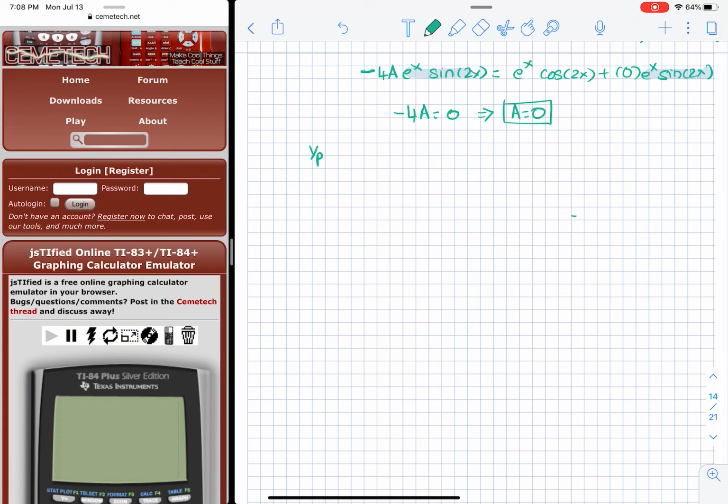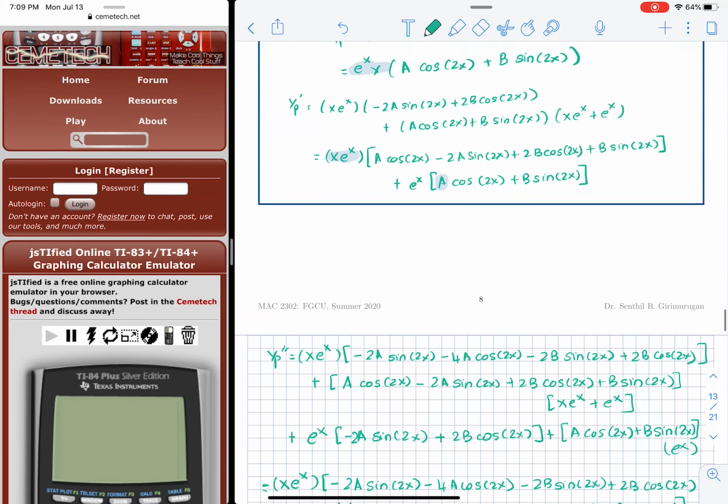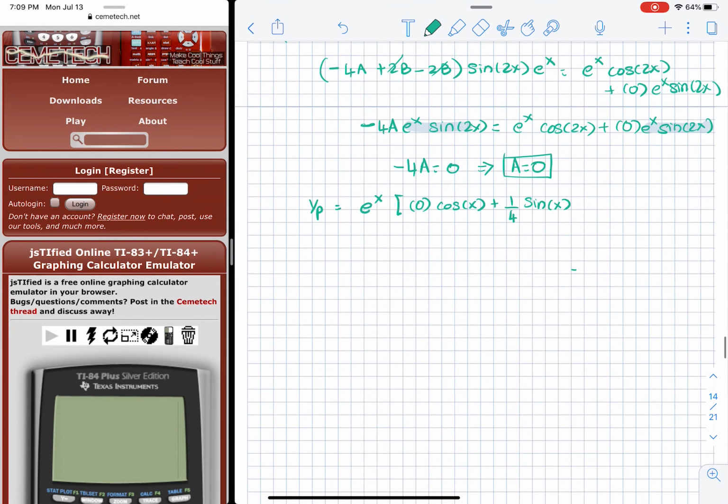Yp would then be equal to e raised x multiplied by 0 times cosine x plus 1 over 4 sine x, or is it 2x? I believe it's 2x, multiplied by x. So the particular solution is x e raised x over 4 multiplied by sine 2x.